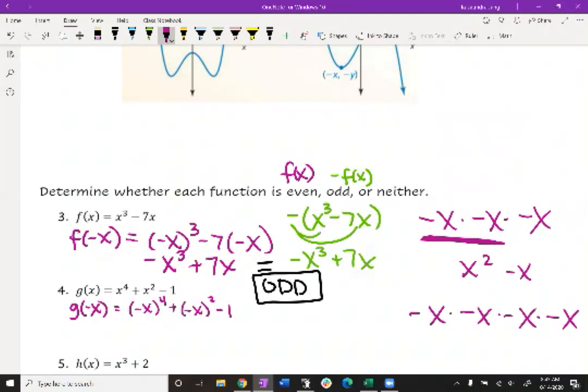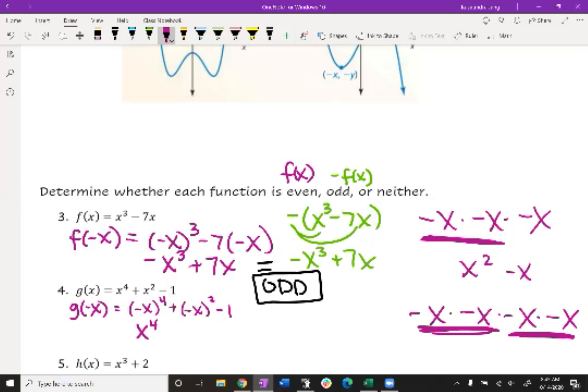Does it end up with a positive or negative? All I really care about is positive or negative. Positive. These 2 multiplied together gives me a positive, 2 more negatives again multiplied together gives me a positive. I've overall got positive times positive, which is positive. So this ends up with a positive x to the 4th.